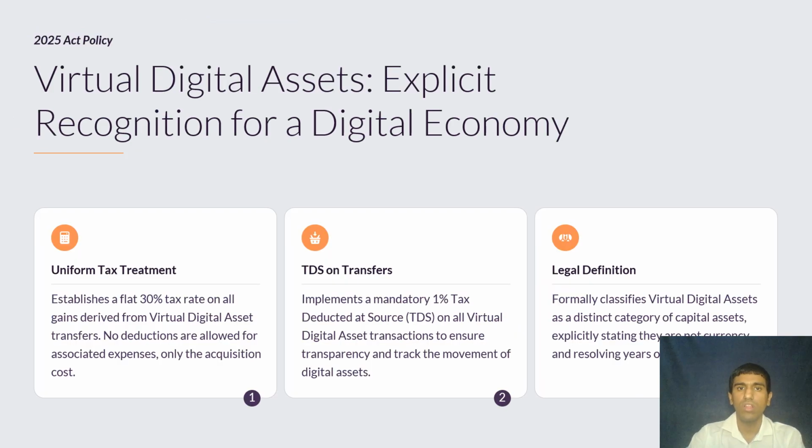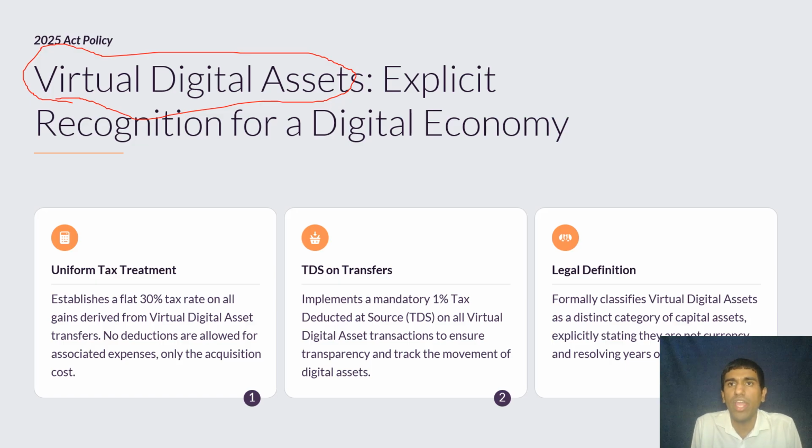Then under the new act there is this thing called virtual digital assets. Under the old act, the digital economy was somewhat vaguely recognized. Digital assets would mean any sort of cryptocurrency or any assets you made online. Obviously Bitcoin or any such cryptocurrency would come under this.